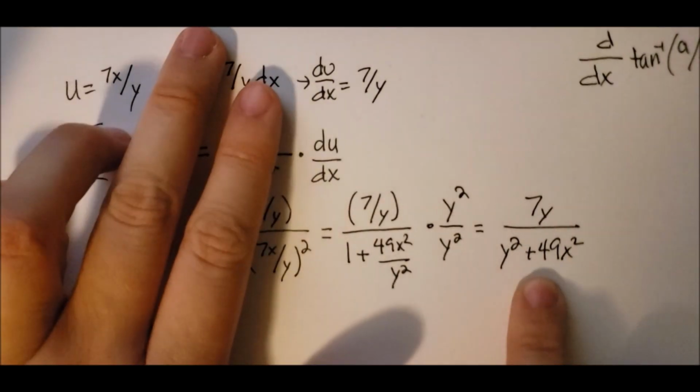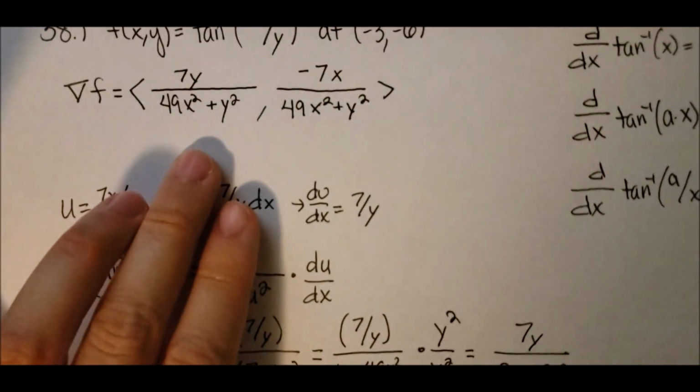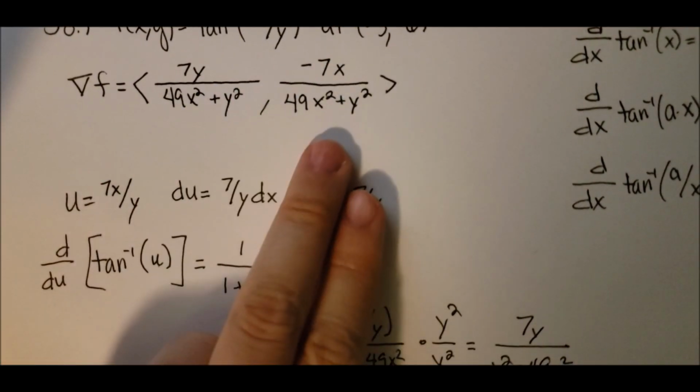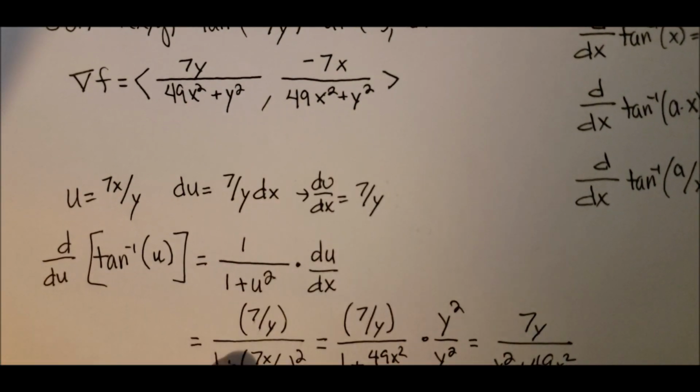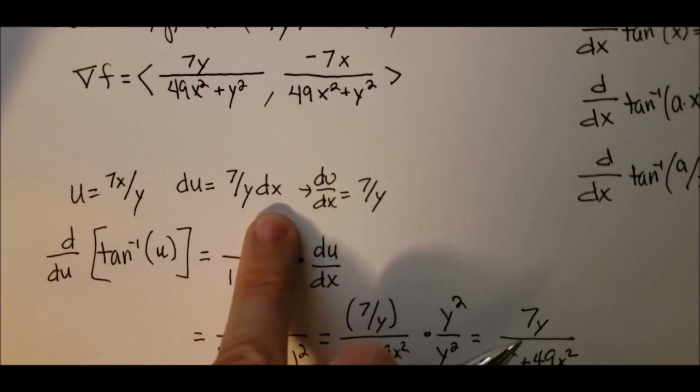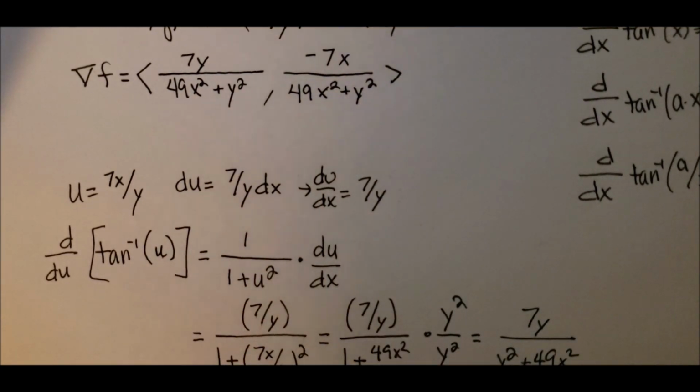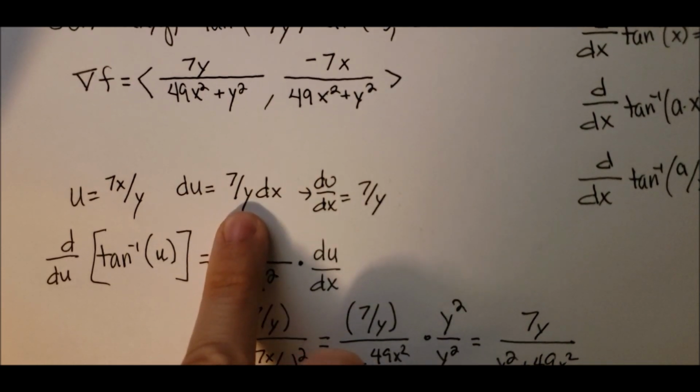So that's how I got the x component. And then the only difference to get the y component would be that the derivative would give you a negative, since y is in the denominator.